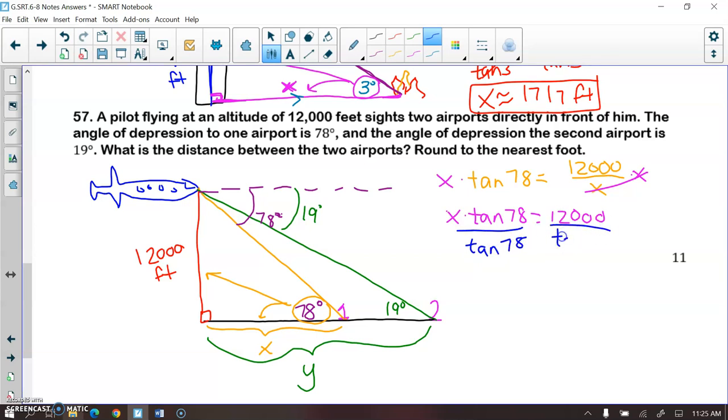It does say to round to the nearest foot. So when we type this into our calculator, we wind up with 2,551 feet.